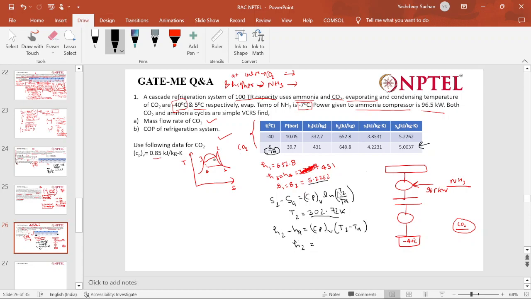Ha you know, 649.8 would be the Ha, and CPV is 0.85, T2 is this, and TA is 5 degree, 278. So what is H2 from here? T2 361 Kelvin. Oh, T2 is 361.